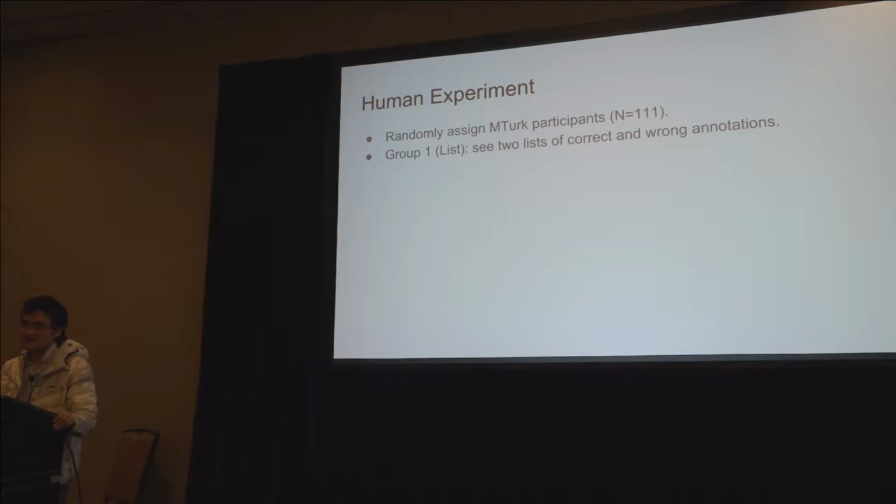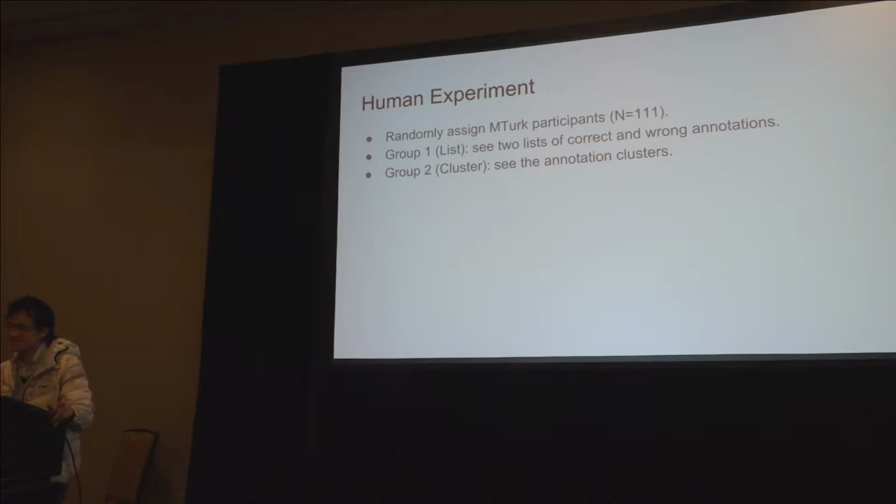People are randomly assigned to 2 groups. In the first group, they see a list of correct and wrong annotations, and we call this the list group. And the second group sees the cluster, basically the cluster that I showed you earlier.